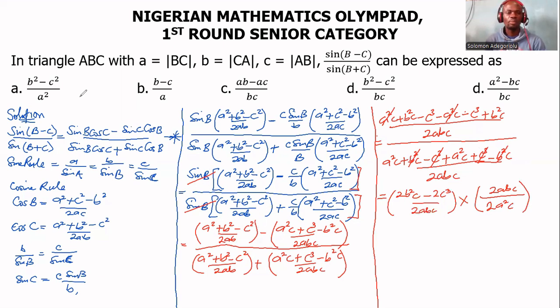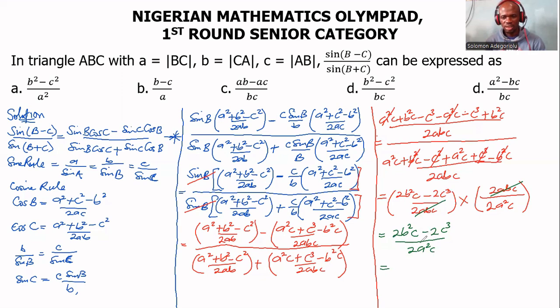Okay, so from this part now, what is the next thing again? So the next thing is, let's cancel this out. This we cancel with this. So we are left with 2B squared C minus 2C cubed, then over we have 2A squared C. And looking at the numerator here, we can factorize this out.